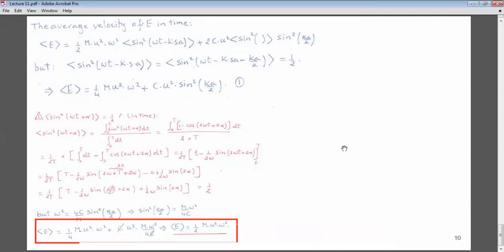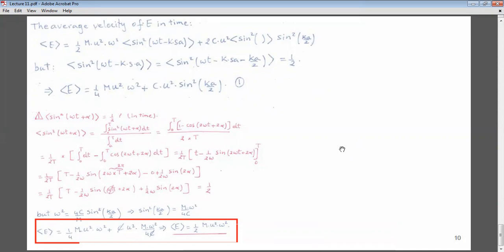There is lots of math, I know, but I promise you, if you just sit properly and apply these basic mathematical formulas, which again, one of them is sine squared ka over 2 is 1 minus cosine ka over 2. And we use the fact that omega squared is 4c over m sine squared ka over 2.